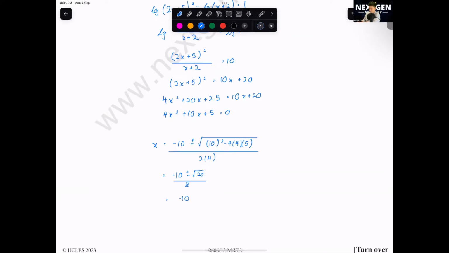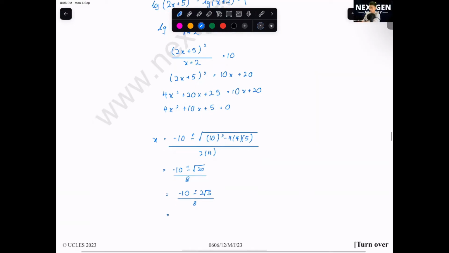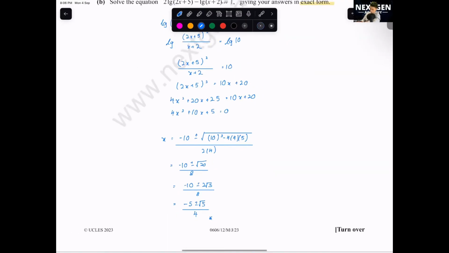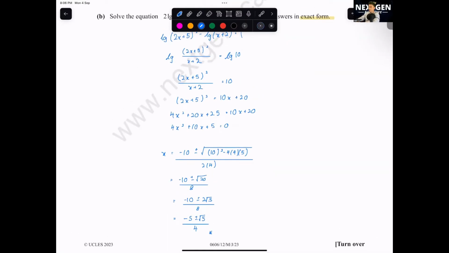Minus 10 plus minus 2 root 5 over 8. And your final answer will be minus 5 plus minus root 5 over 4. Okay? All right.